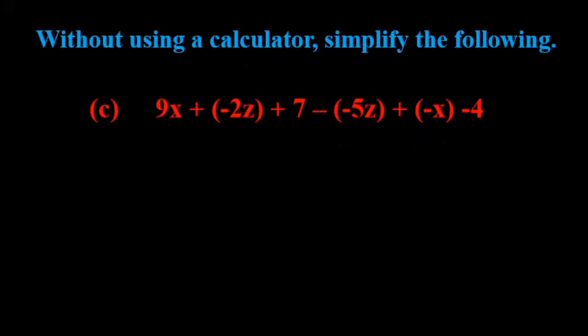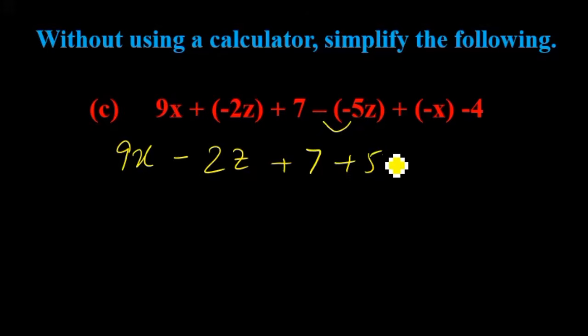Again the same process, repeated procedure. Open the bracket, 9x remains the same, minus 2z plus 7 minus minus plus 5z plus minus minus x and minus 4. Now we again have two variables x and z and a constant as well.